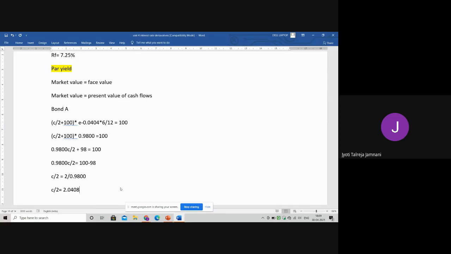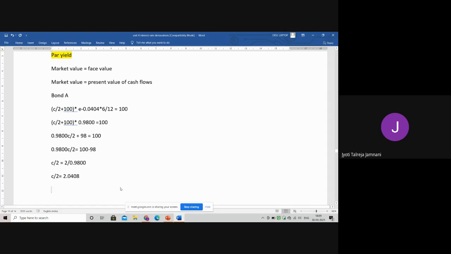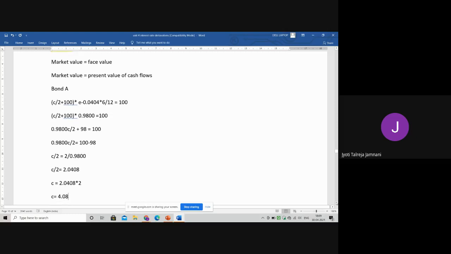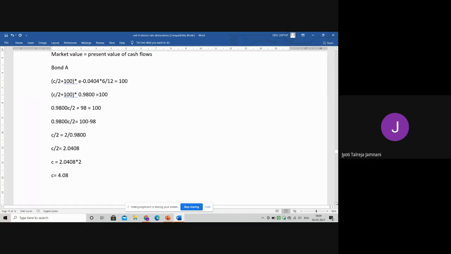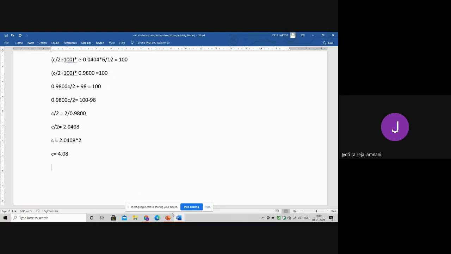If we get it this side, it will become multiplied by 2. So C is equal to 2.0408 into 2. How much do you get? 4.08. This is the interest rate at which the face value will be equal to the market value of the bond in case of bond A. So now let's do it for bond B.